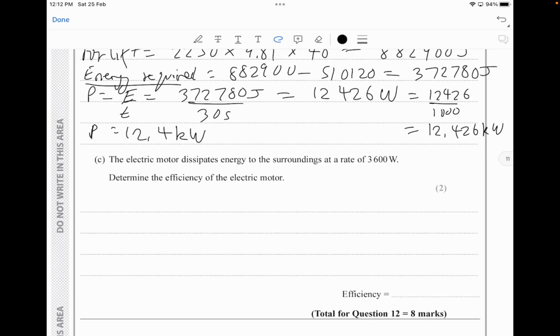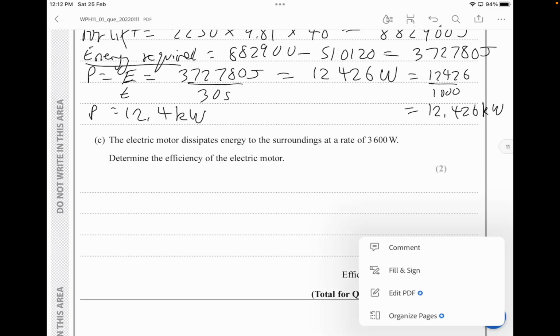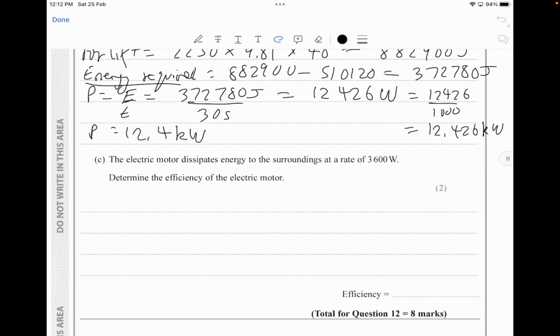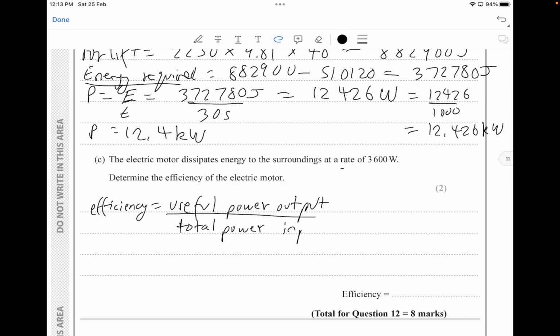Now the electric motor dissipates energy. Dissipates just means it moves out to the surroundings, or it spreads out energy to the surroundings, at a rate of about 3,600 watts. Bear in mind the efficiency of the electric motor. The efficiency formula is given in your formula sheet, so do check that. So efficiency is going to be equivalent to the useful power output divided by the total power input.